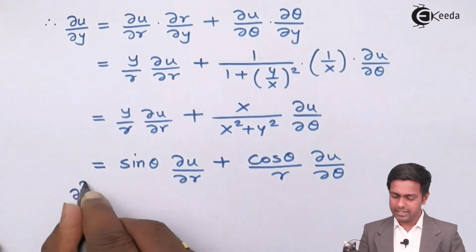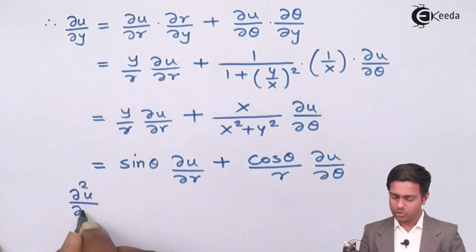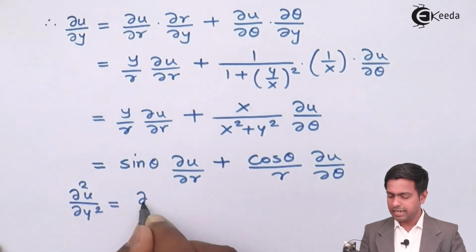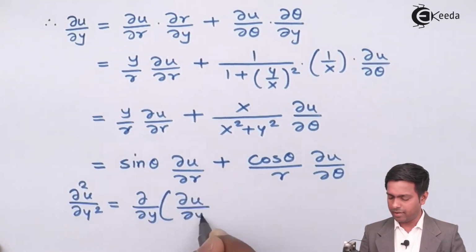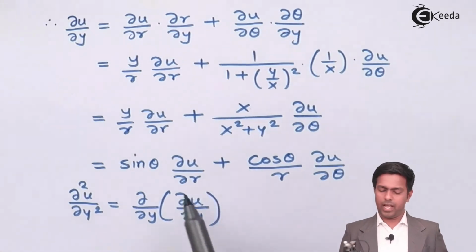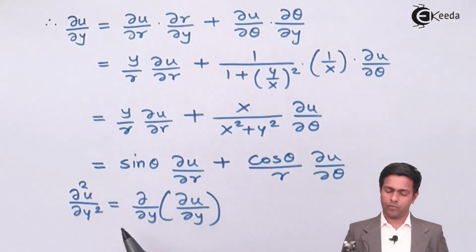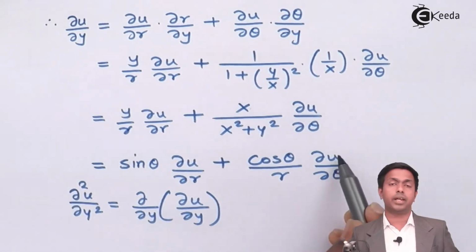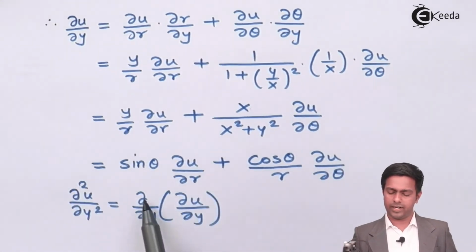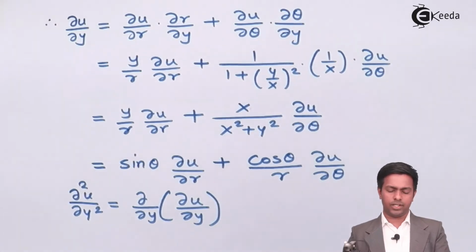So that is the second order derivative. So this value is del by del y of del u by del y. Now we have the value for del u by del y, and to find the value of del by del y, in the same value we will eliminate this function u, so we can get the value of del by del y. So we'll write down all these values.